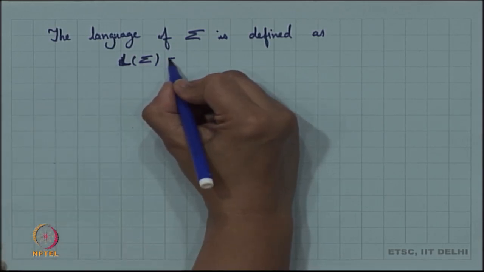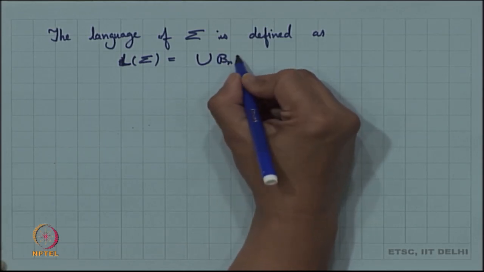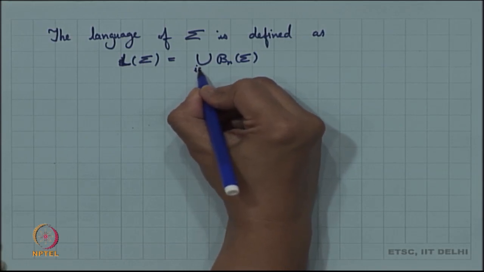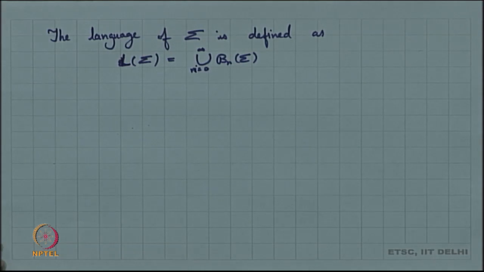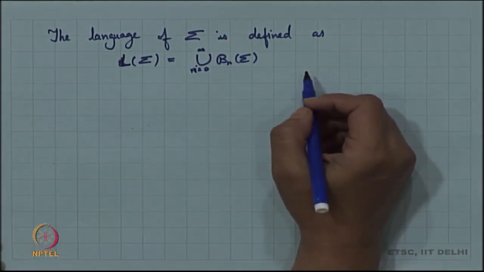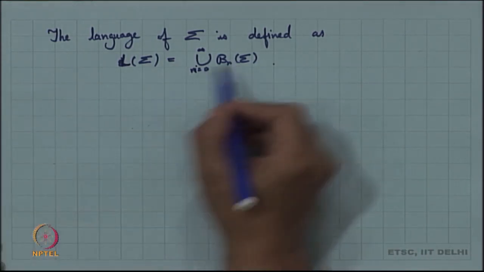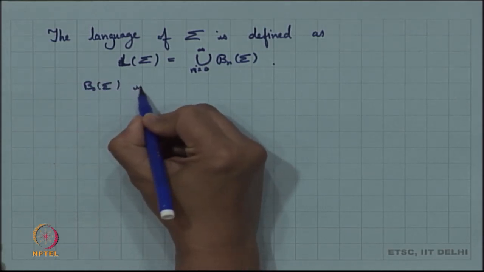So, L sigma happens to be the union of all blocks of length n over sigma, where n goes from 0 to infinity. So, I am looking into all possible blocks. Then the question comes up, what is B_0? How do we define B_0? Your B_0 sigma is the empty word.